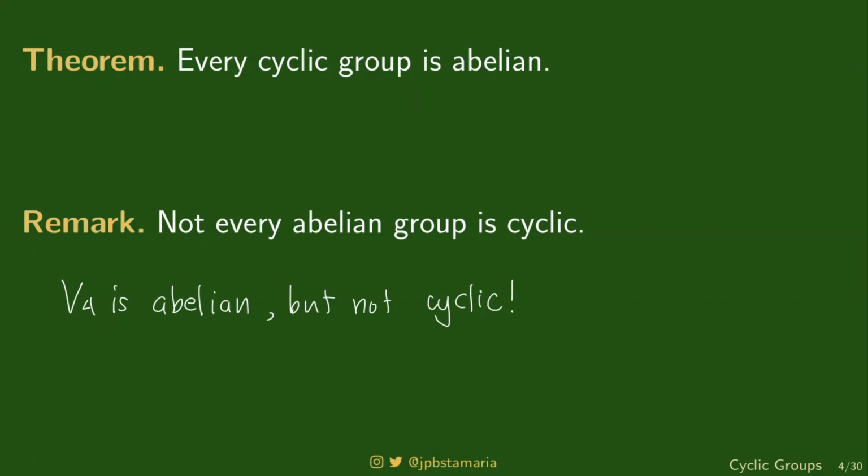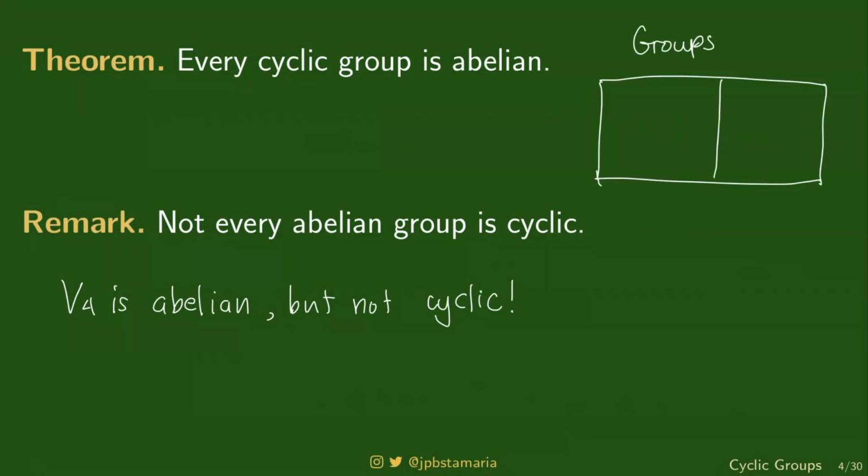So kung titignan niyo yung Venn diagram natin ng mga groups, let's say this is the set of all groups. Mahati mo siya into two categories: ito yung abelian, ito yung mga non-abelian.